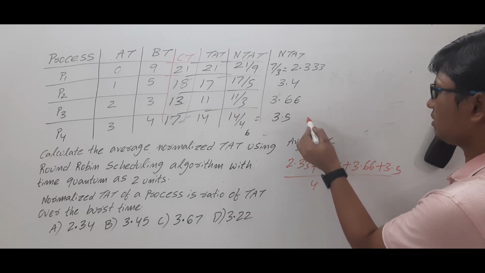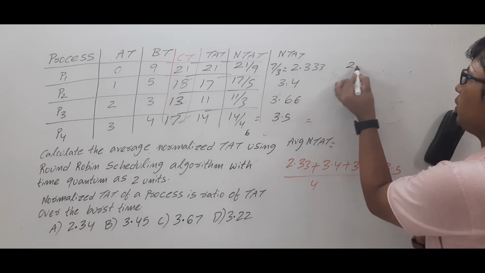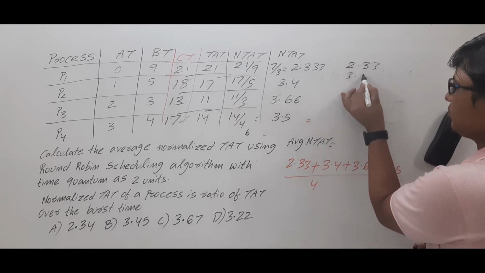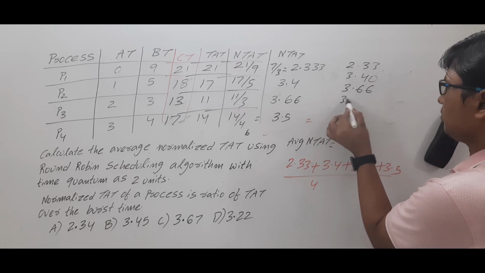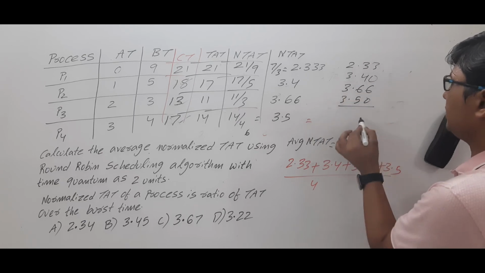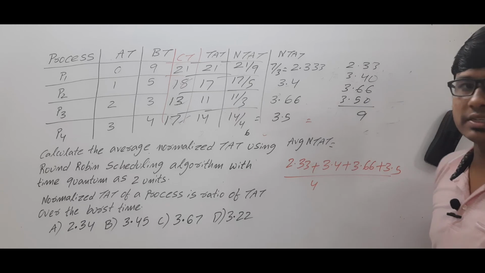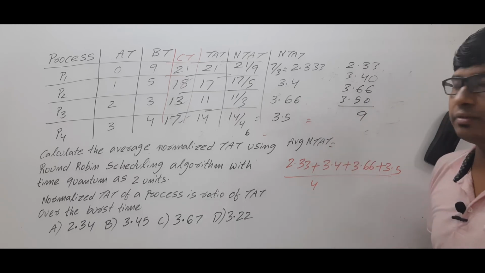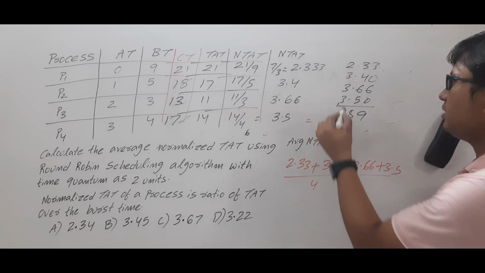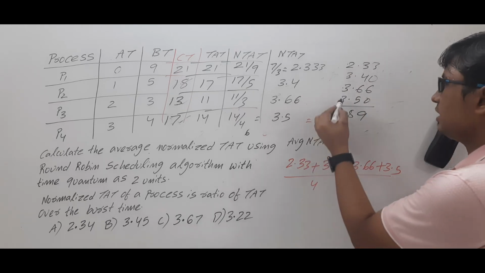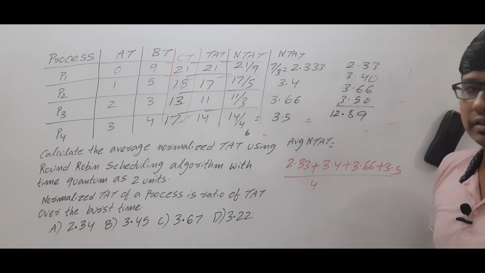Let's compute the sum: 2.33, 3.40, 3.66, 3.50. 3 plus 4 is 7, 7 plus 6 is 13, 13 plus 5 is 18. 2 plus 3 is 5, 5 plus 3 is 8, 8 plus 4 is 12. So you got 12.89. Is it clear?